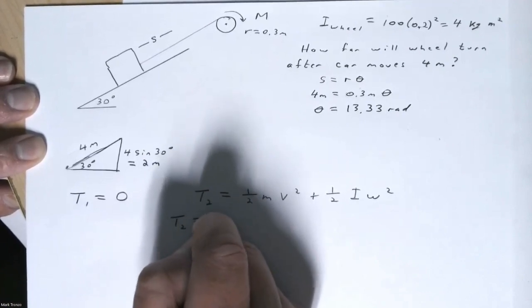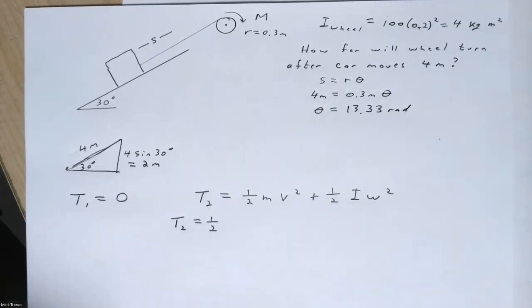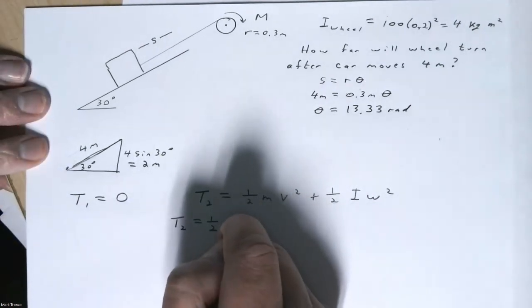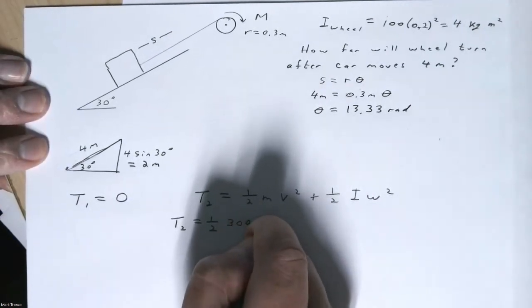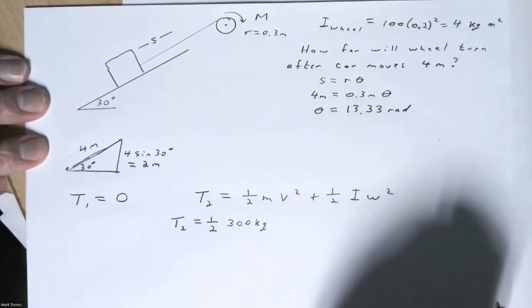That'll be 1/2, and the car's mass was 300 kilograms, and the velocity we don't know.